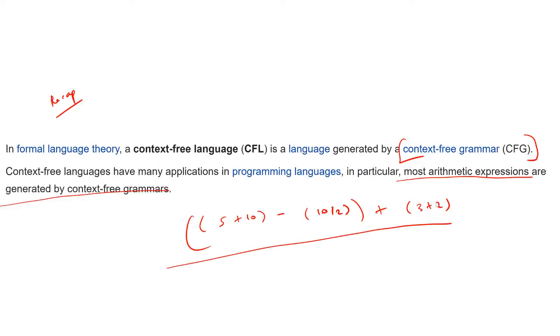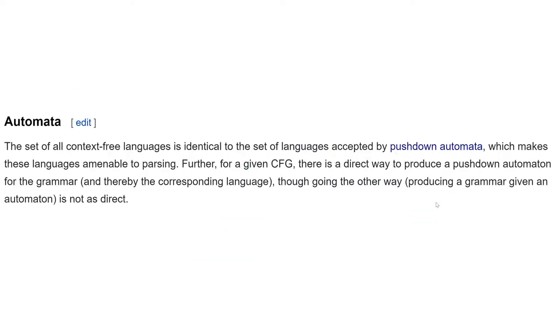Earlier I said a context-free language is anything that is accepted by a context-free grammar. Now, what is a context-free grammar? When I asked you what is a regular language, you tend to answer that if a DFA exists for L, then that L is regular.